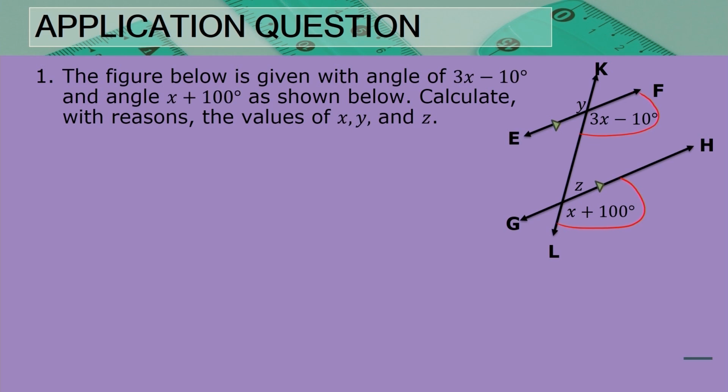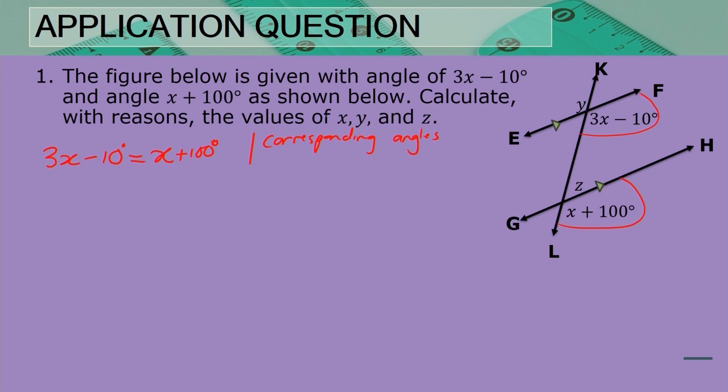But now, because we have parallel lines, then that means that not only are they corresponding, but they are also equal. So that means that our 3x minus 10 degrees is equal to x plus 100 degrees. And our reason for that is the corresponding angles.